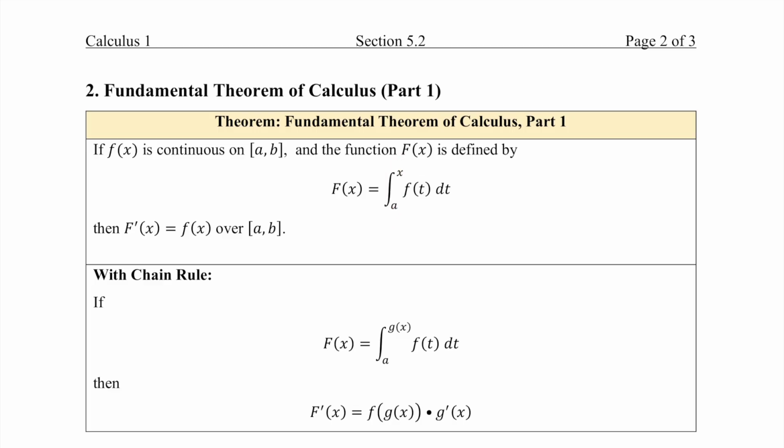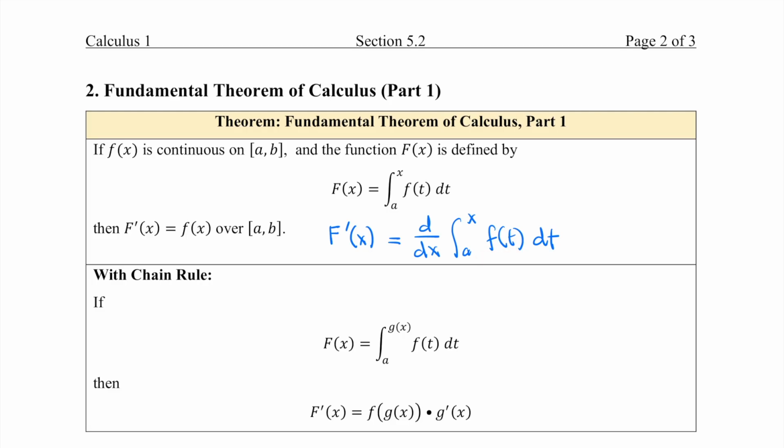Then we take the derivative on both sides to get F prime. So the derivative and the integral undo each other, and we end up with the original function small f of x.